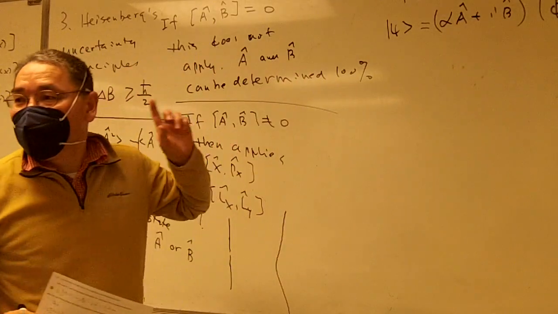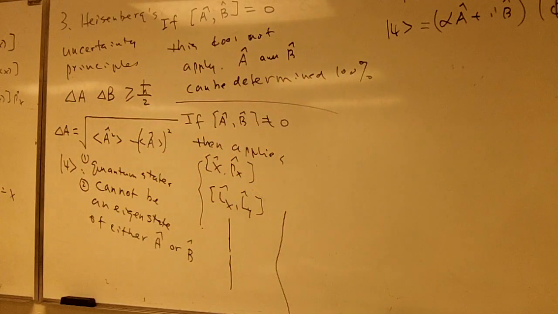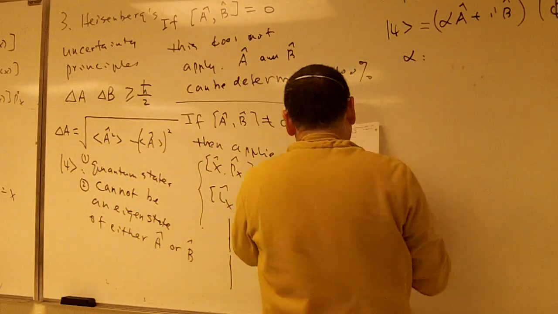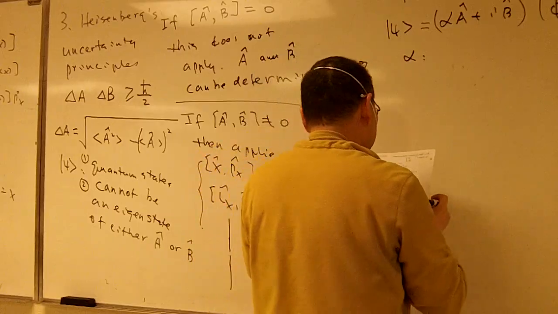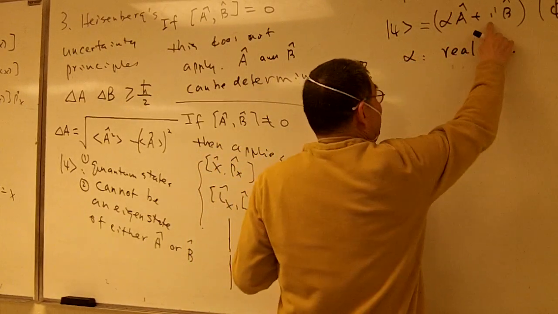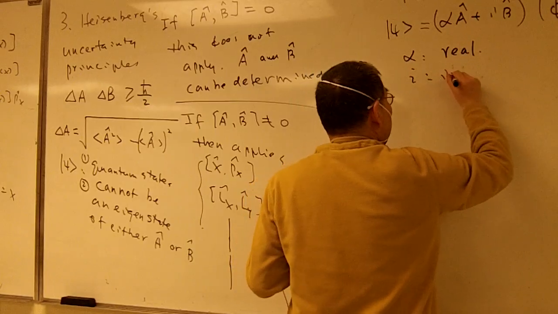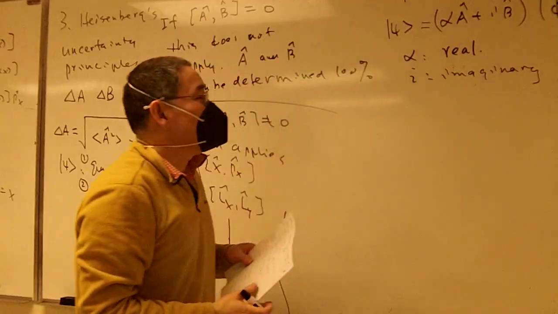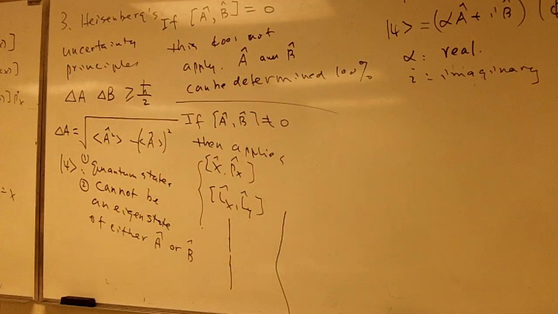So essentially, we start with this particular wave function. Now here you see we have alpha. This alpha is real, and this term is imaginary. So that is the starting point.